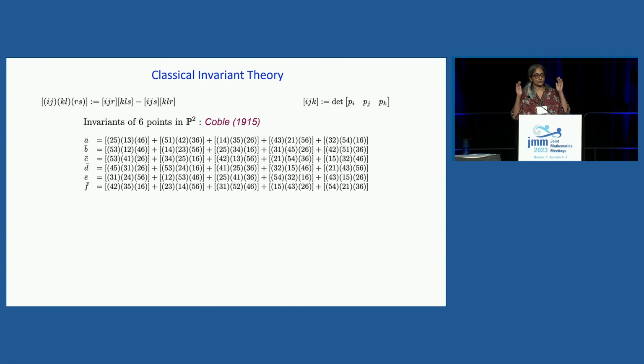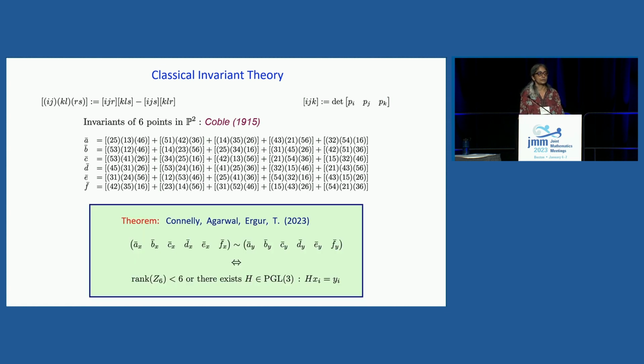Because each one of the summands in each line is one of these expressions that you see on the left upstairs. And they have a lot of symmetry and a lot of combinatorics going on, okay? Each little summand is called a syntheme, and the sum of all of them is called a pentad. They have a high degree of symmetry, and these are some invariants of 6 points in P2.